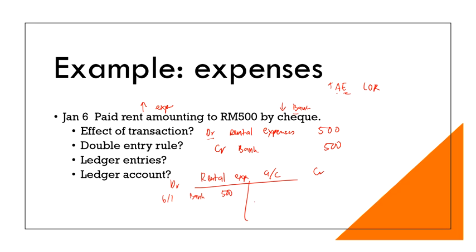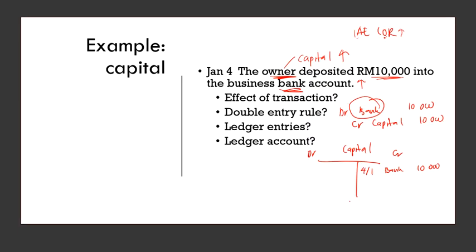Enter pun sama, dia ada debit balance. So 31st January, balance carried down RM 500. Okay, so next, capital pula.